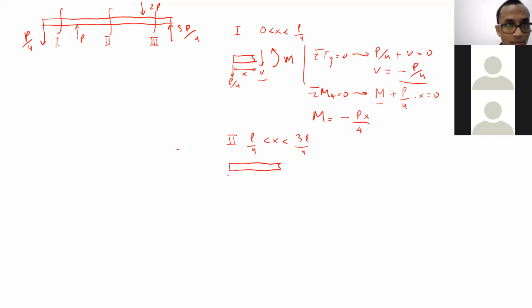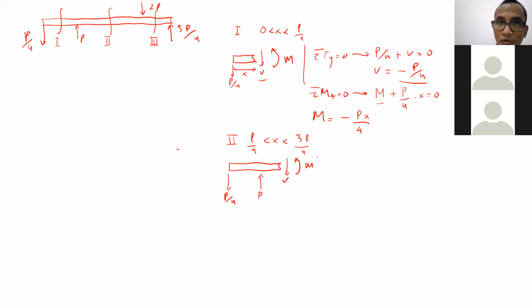P over 4 is still there, and then we have P here, and then we have the section. Then we give the shear force and moment as well. The side is the same, so the positive direction is the same, right?